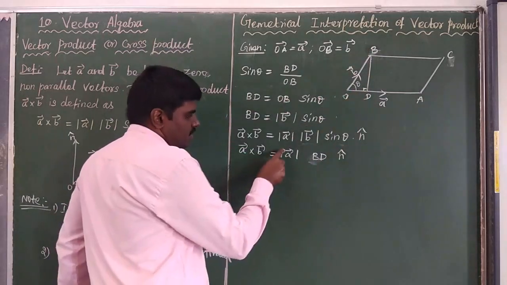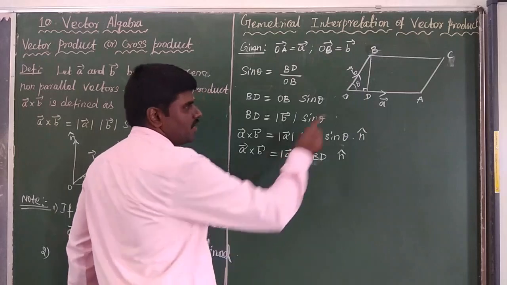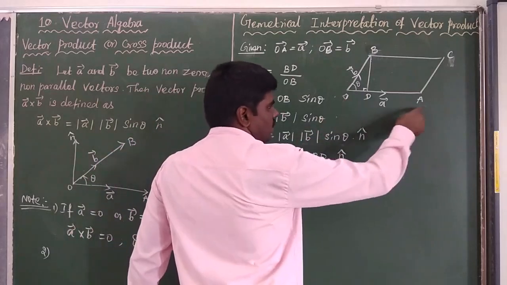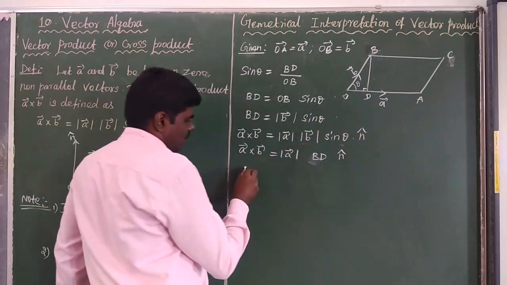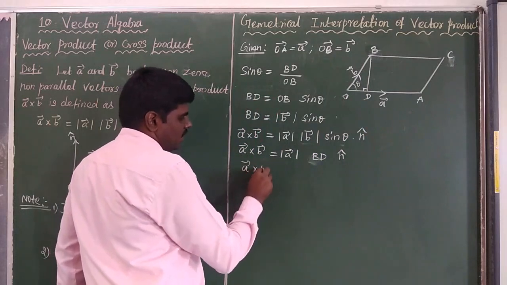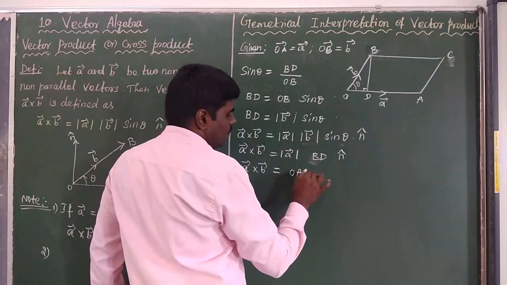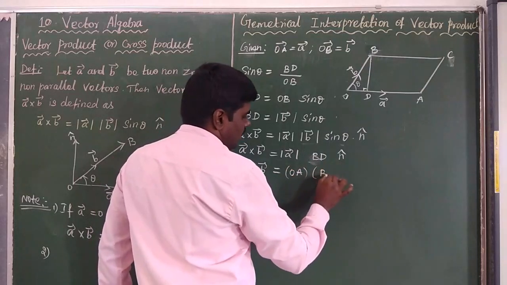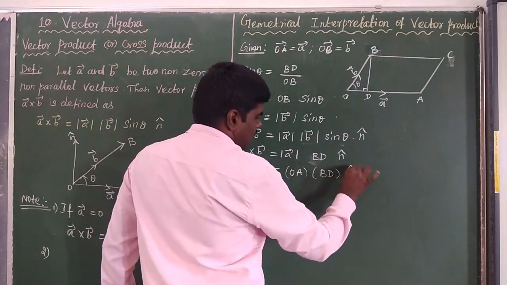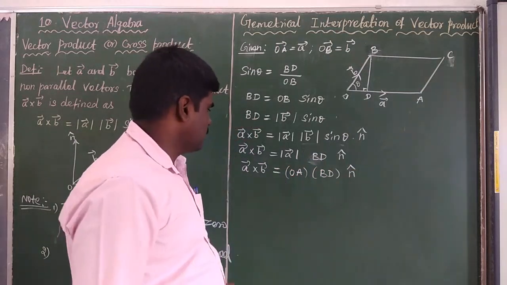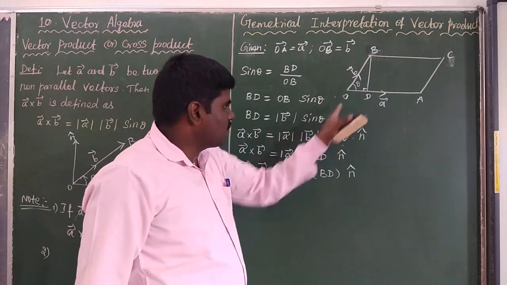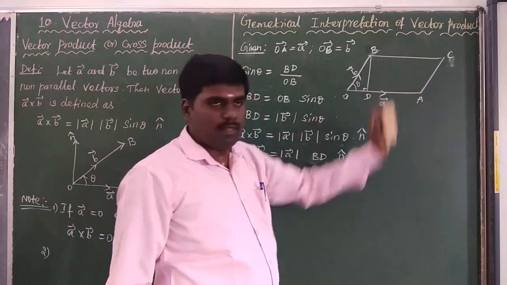Here we find the magnitude of A vector. The magnitude of A vector means the full length, that is, OA vector. So A vector cross B vector is equal to the magnitude of A vector, which is the value of OA, into BD, again with n cap. That's clear. That's the conclusion. What's the meaning of OA? OA means the base of the parallelogram.